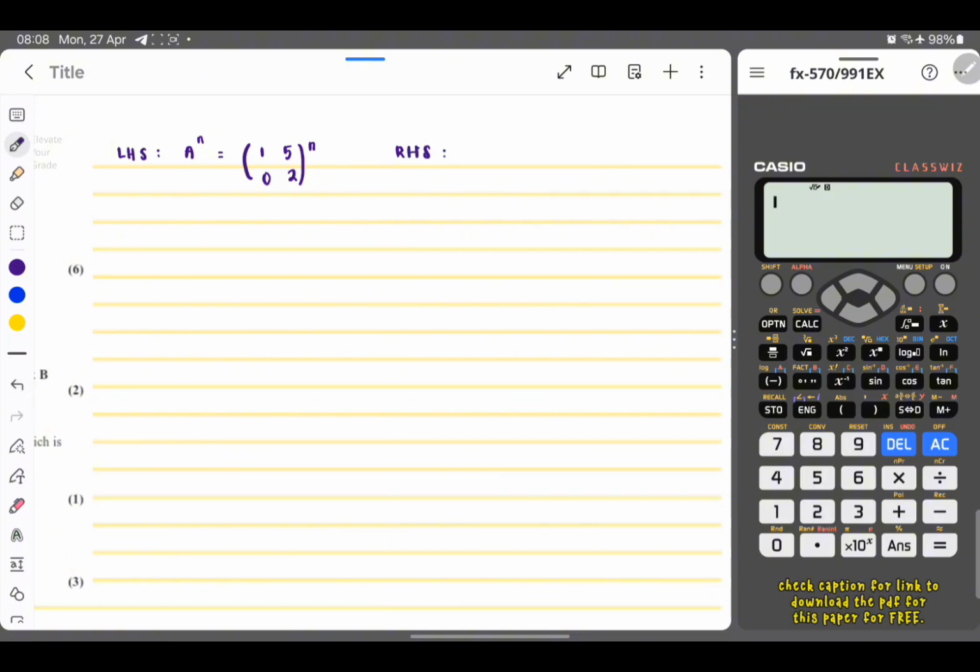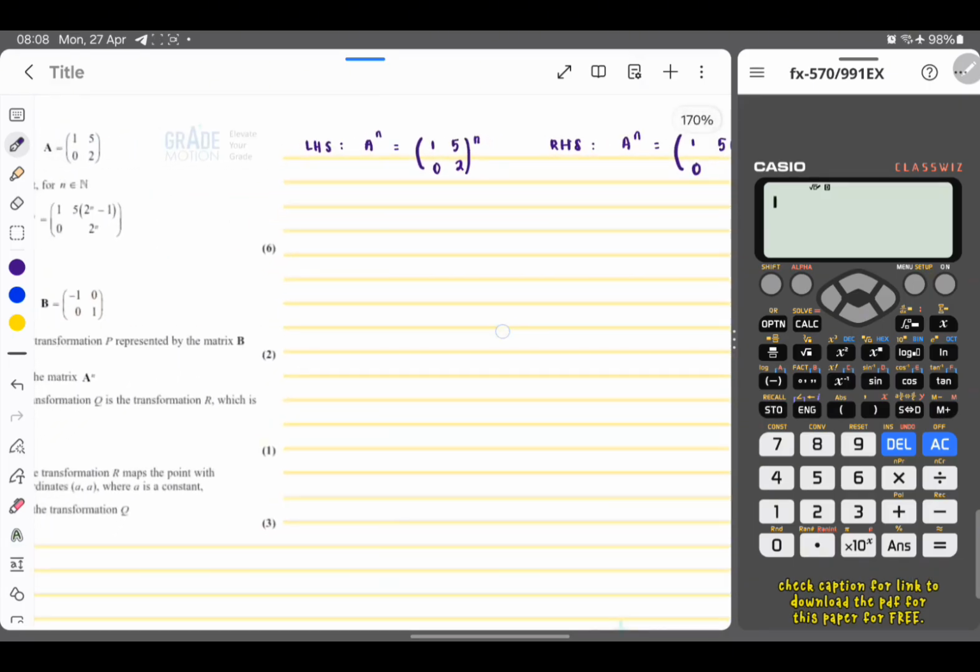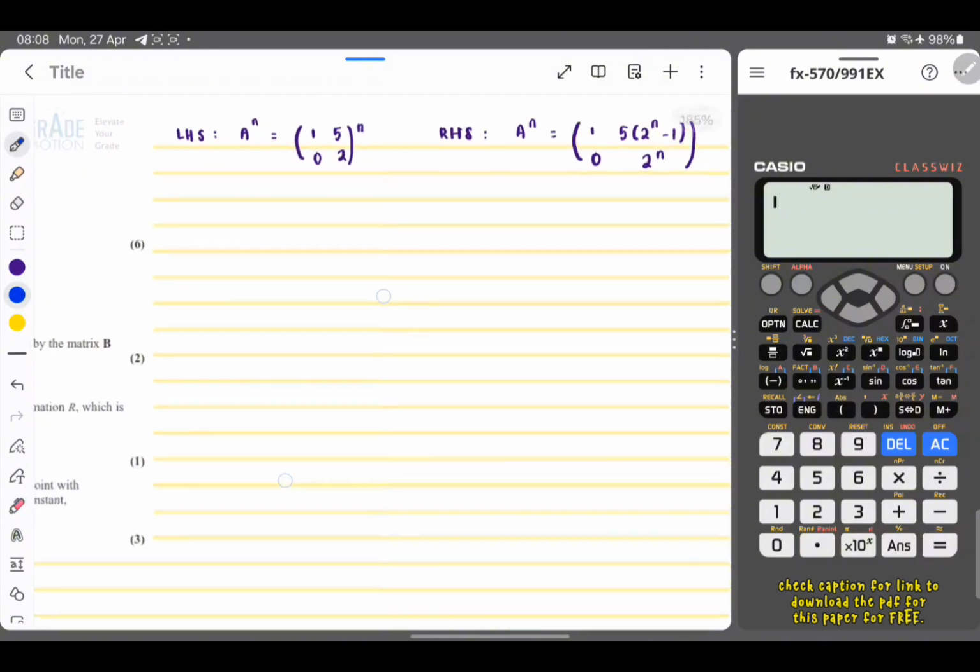So right hand side is A to the power of n equal to [1, 0, 5(2 to the power of n minus 1), 2 to the power of n]. There we go. Okay, so let's begin with our first step.